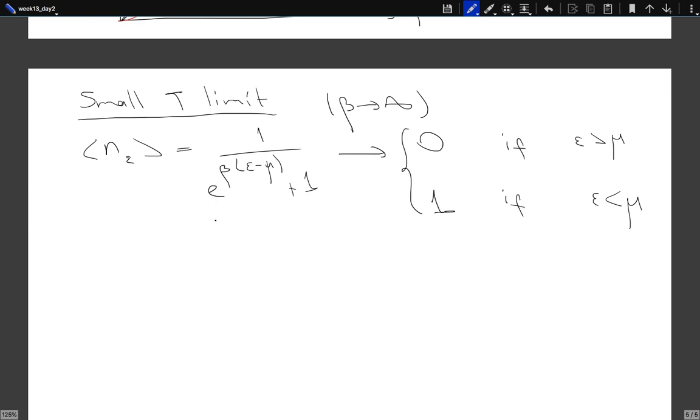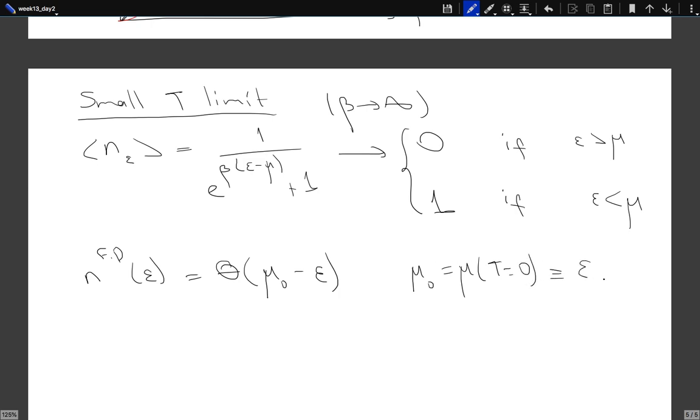So basically we have a step function. So here mu 0 is the chemical potential at zero temperature, which is also identified as what's called Fermi energy.